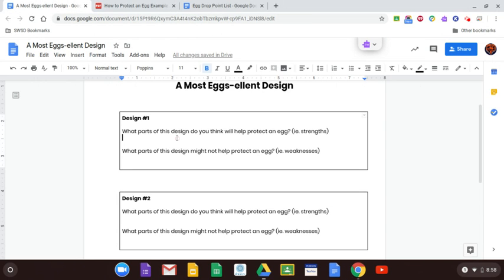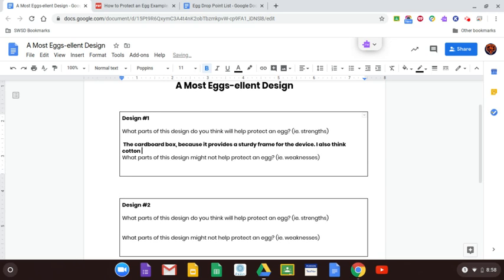So I may type something like, my parts of the design that I think will help protect an egg are a cardboard box because it provides a sturdy frame for the device. I also think cotton balls will provide cushion for the egg.